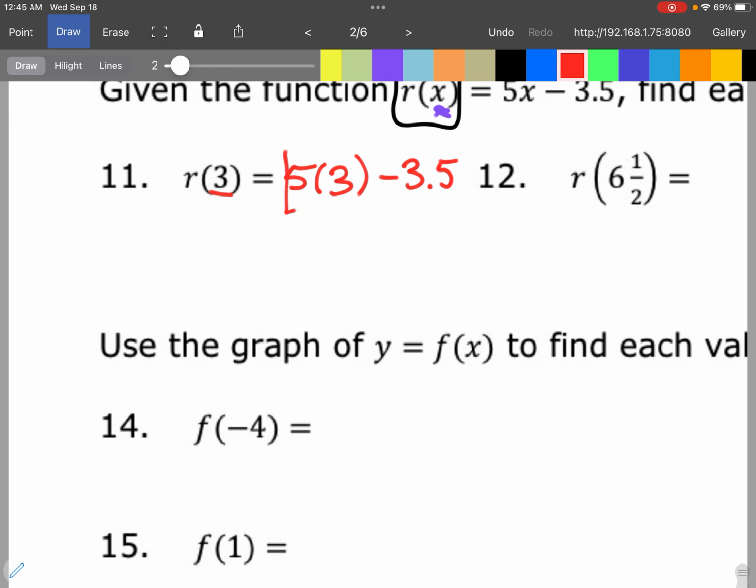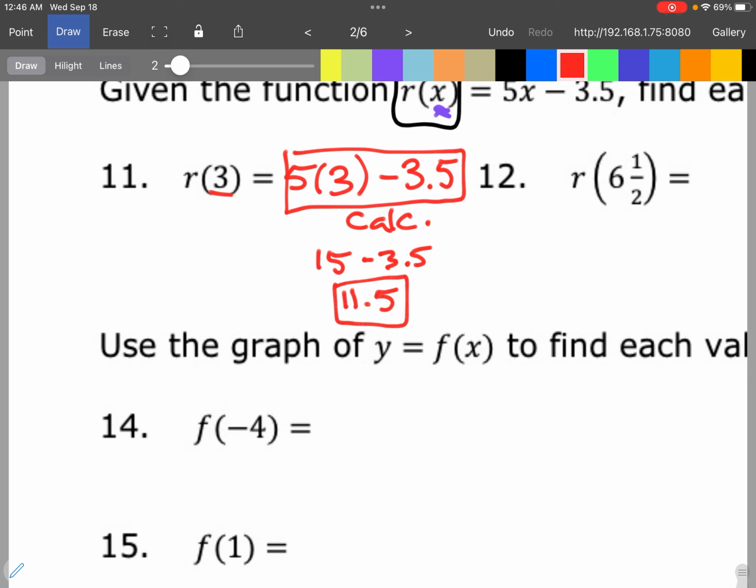And at this point here, your job is to work your calculator, okay? You would type this into the calculator. And, of course, the calculator is going to do all these calculations for you. Okay, so 15 take away 3 is 12. Take away another half should be 11.5. All right, again, just type it into the calculator and you will get your answer.